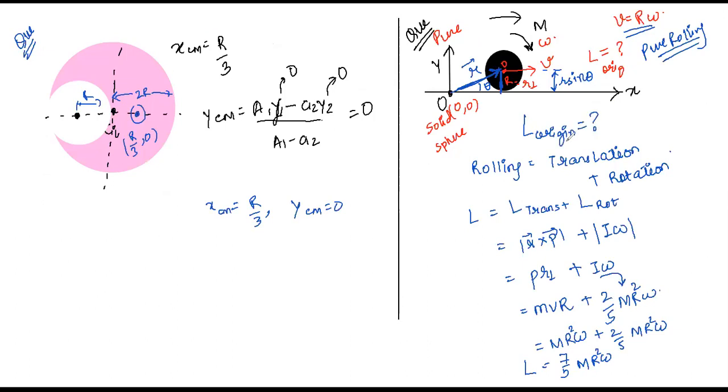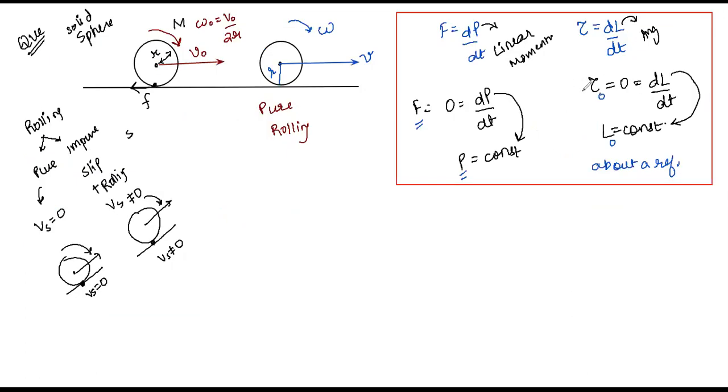Whenever we are talking about angular quantities, be it torque or angular momentum, they will always be about a point of reference. Because angular motion involves some kind of rotation, so that will always be about some point. Are we clear on this? Yes, sir. Angular quantities are always about a reference point.